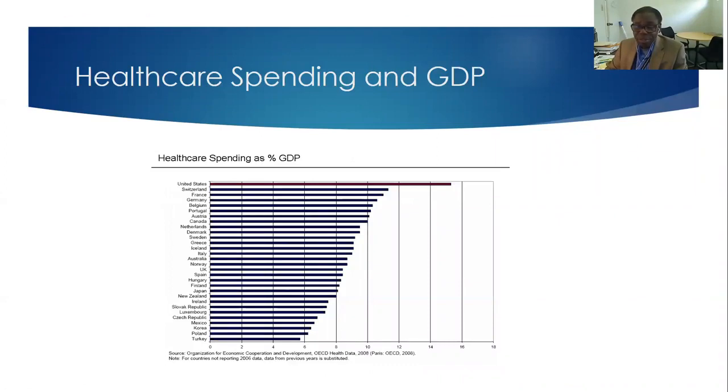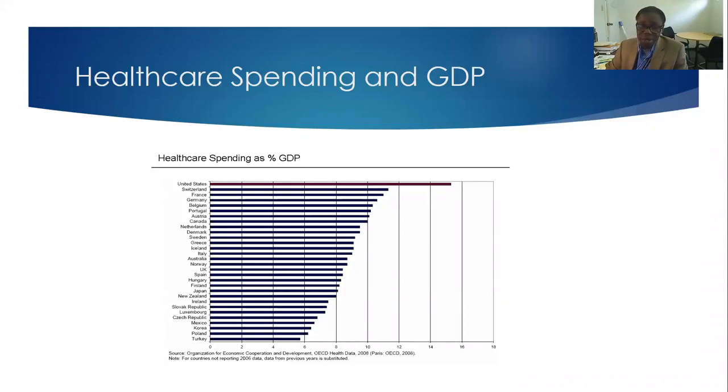The gross domestic product, or GDP, is a barometer of a country's economic health. Still looking at healthcare spending as percentage of the GDP, the US again spends more money on healthcare, almost 16% compared to other countries.